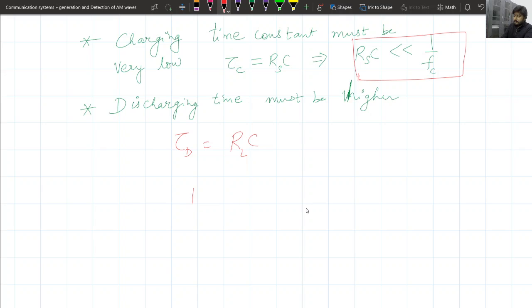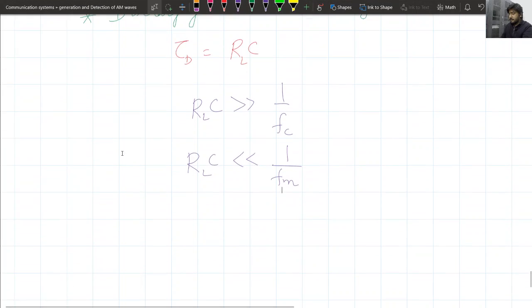It is given that the discharging time constant RL C must be greater than the time period of the carrier frequency, and also it must be less than the maximum rate of change of the maximum frequency contained in the message signal.